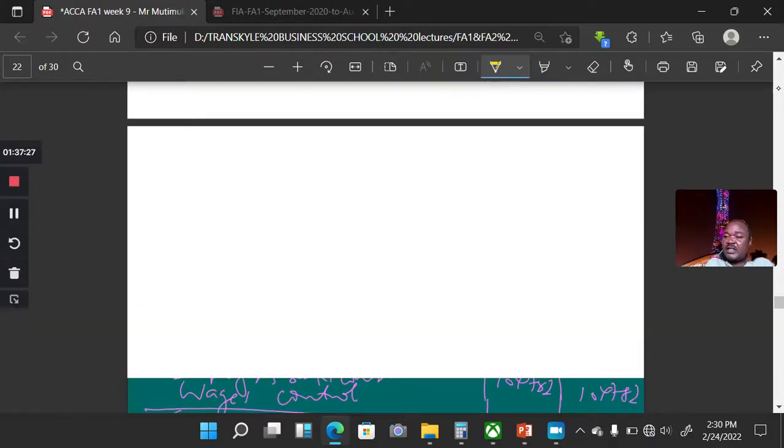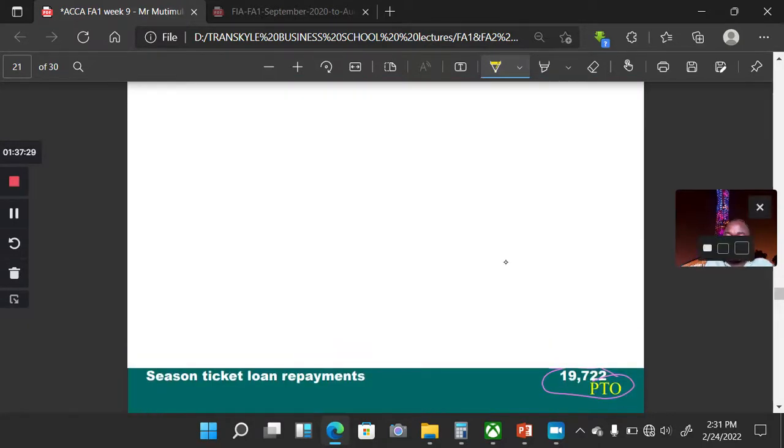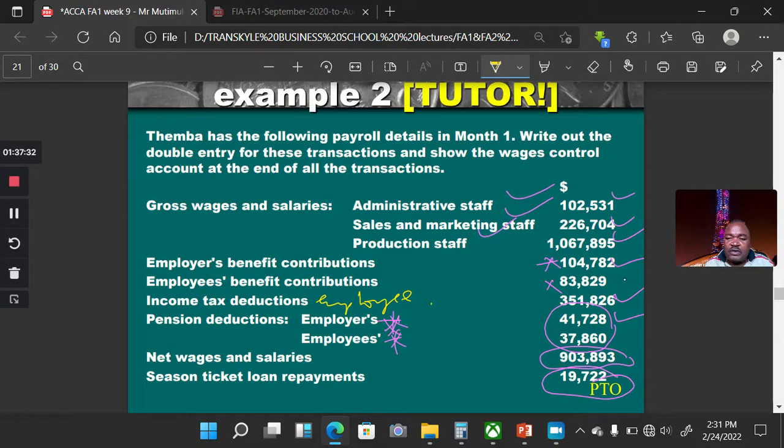The benefit contributions, how much were they?